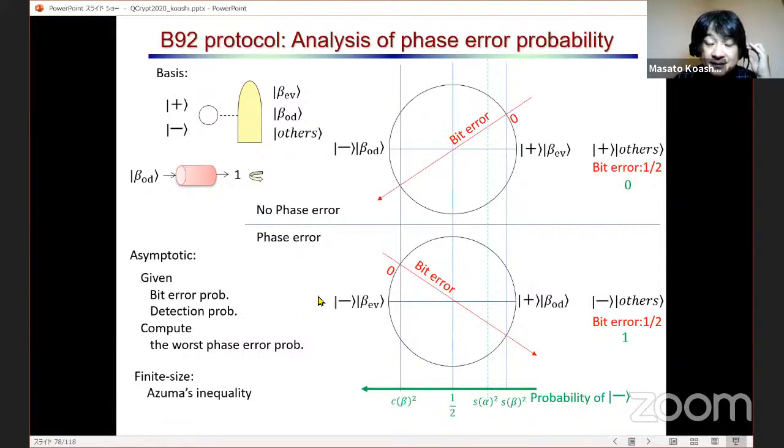This sounds difficult, but it is just a qubit, so a 2x2 matrix, and the calculation is not so difficult. For finite-size security, you cannot use classical sampling theory. You must use something beyond that, and often people use Azuma's inequality here.